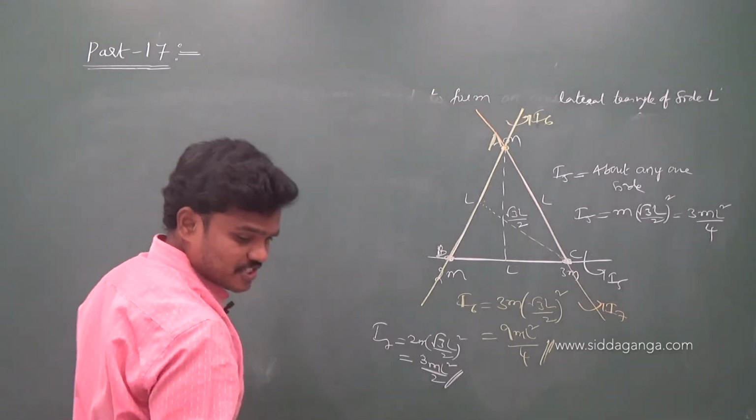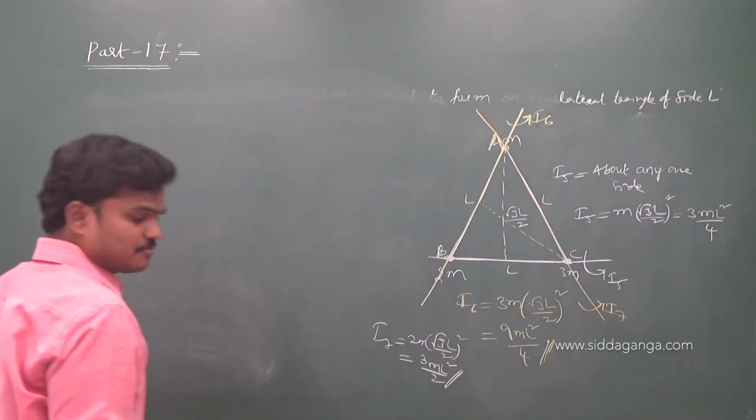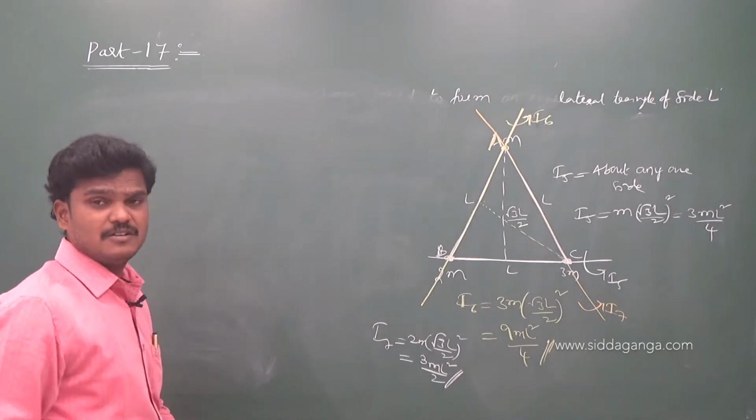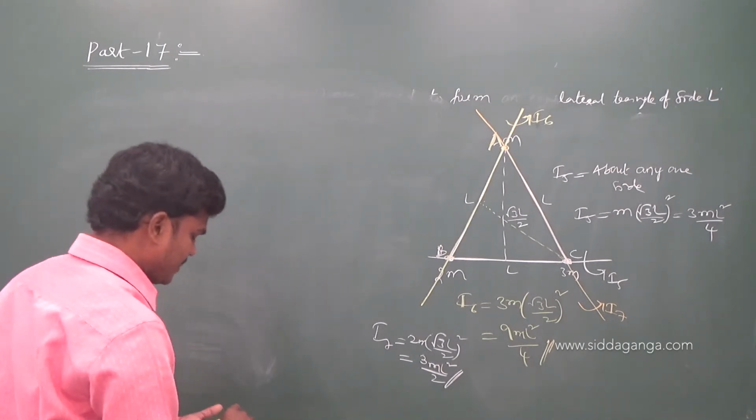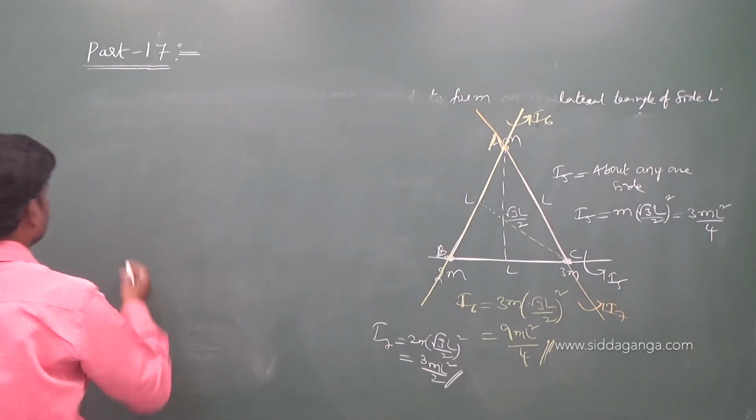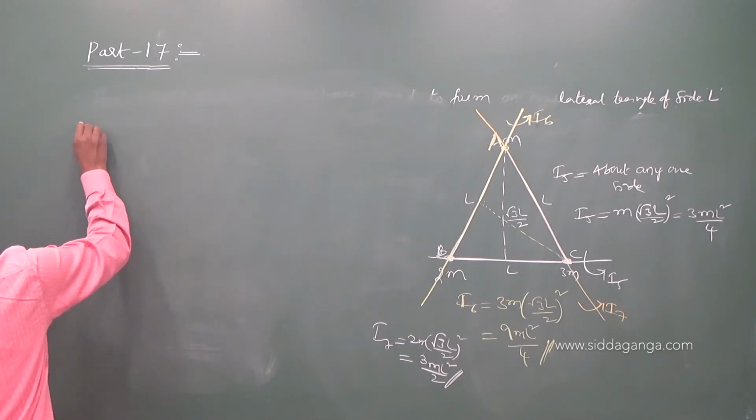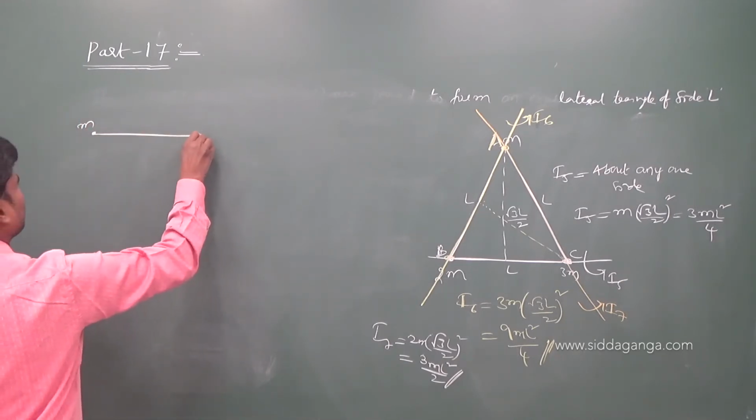So let me give question in a shortcut way. 4 particles are placed at the 4 corners of a square of each side L. Then find I1, I2, I3, I4, and so on. So 4 particles of equal masses, let us suppose, for our convenience.